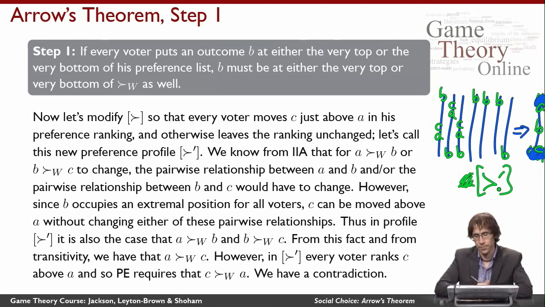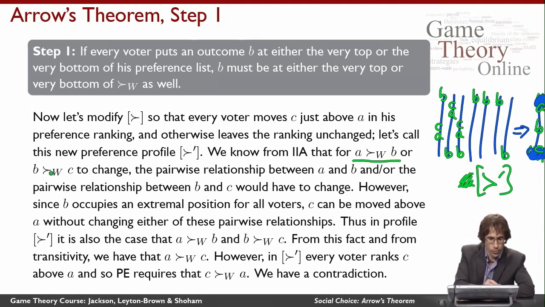So now we're going to start using the definitions that we've assumed about the preference ordering. We know from independence of irrelevant alternatives that in order for these two facts, which we've assumed are true here, to change, the pairwise relationship between A and B or the pairwise relationship between B and C would have to change for some of the agents.